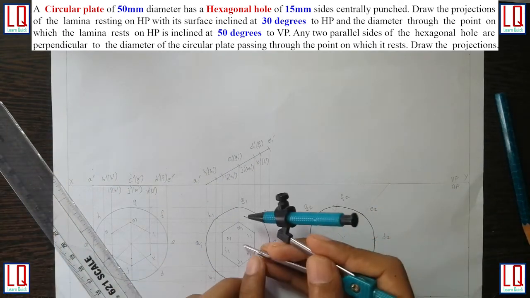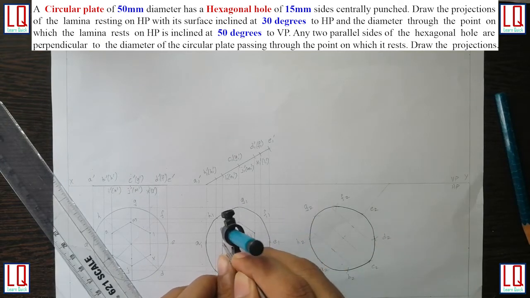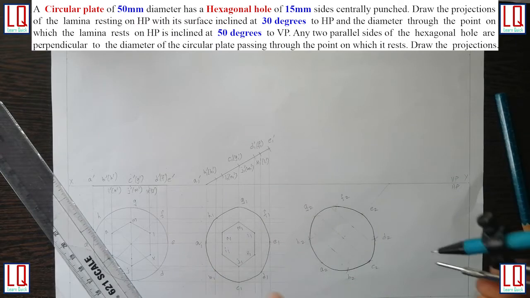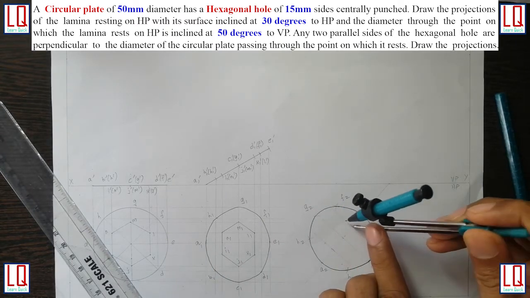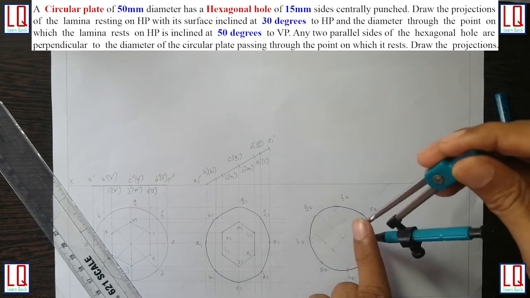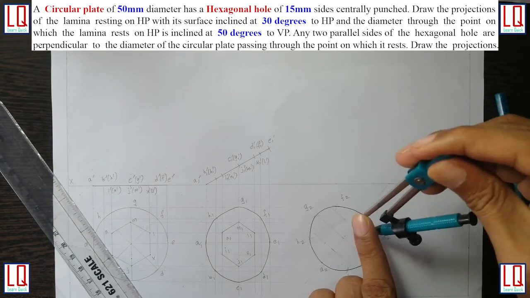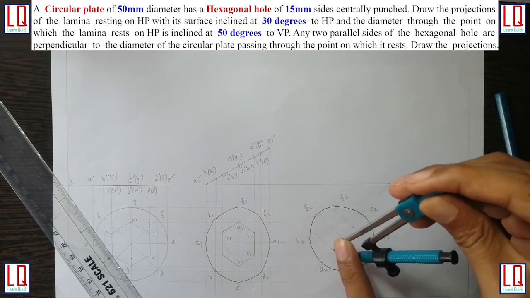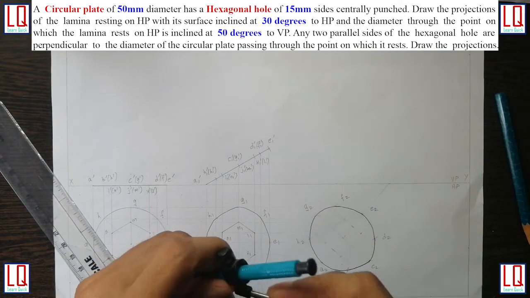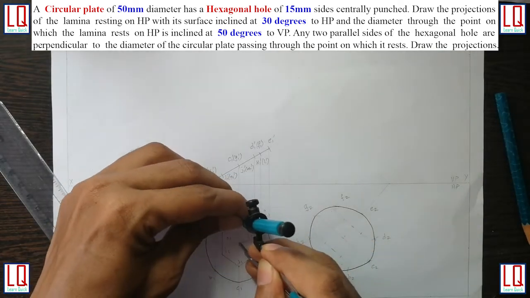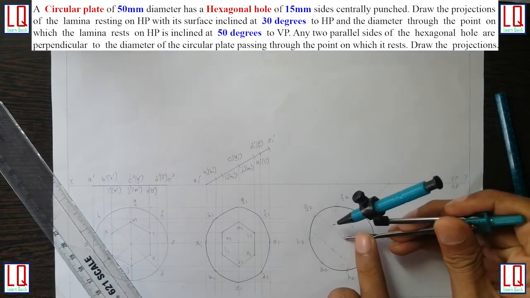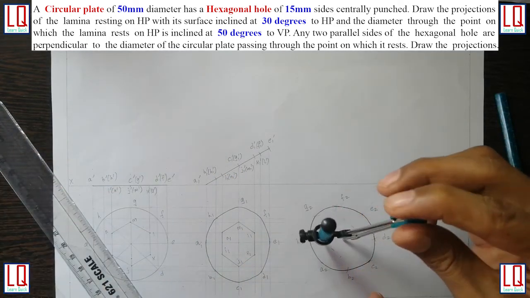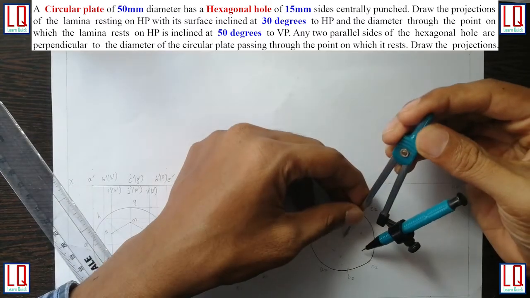Now measure the distance from the diameter to the corner and carry over the distance here. Similarly for the center, the distance from the diameter to M, distance from center to J.